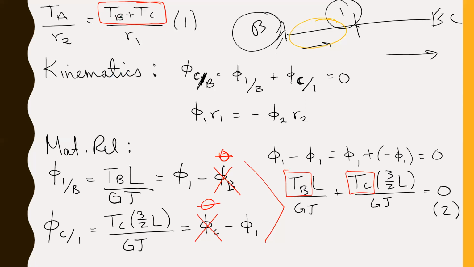So the other thing that's relevant when we're looking at our material relations is we can say that the rotation of gear 2 relative to A. So remember, this connects to gear 2, which then connects to A. So the rotation of gear 2 relative to A is equal to phi 2 minus phi A. And that is equal to the torque that's acting in that section times L, that's the length of that rod, over GJ.